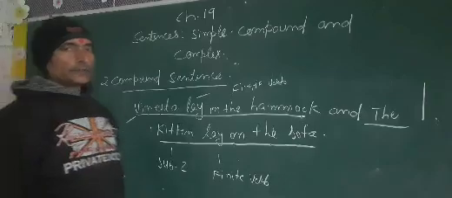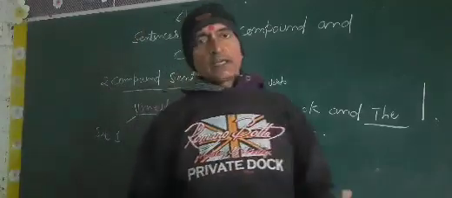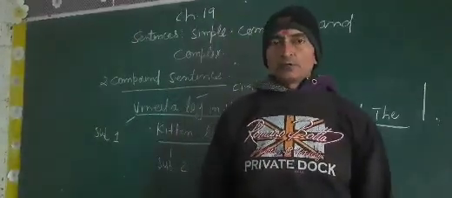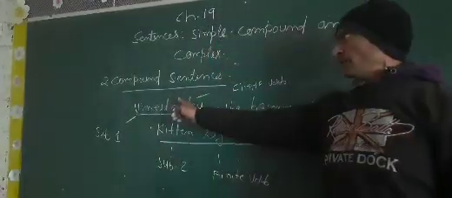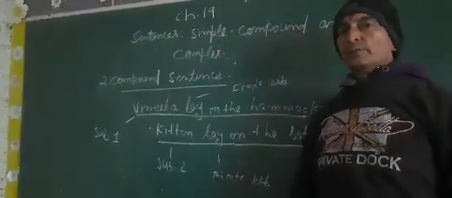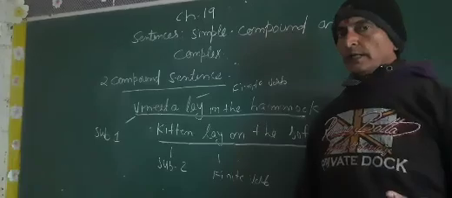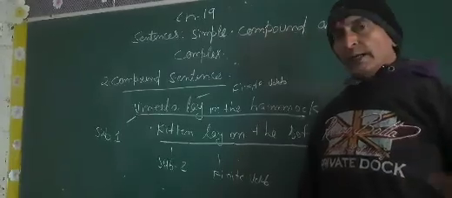So both the clauses are having different subject and different finite verb. So now we come to know that in compound sentence there should be two clauses and both are independent clauses.